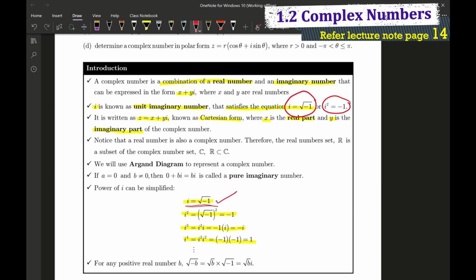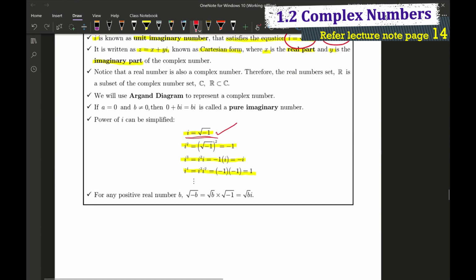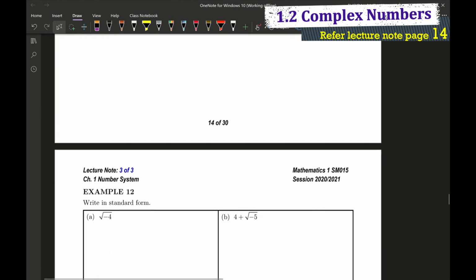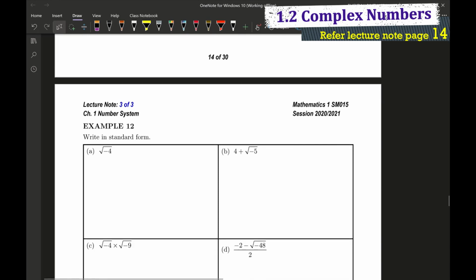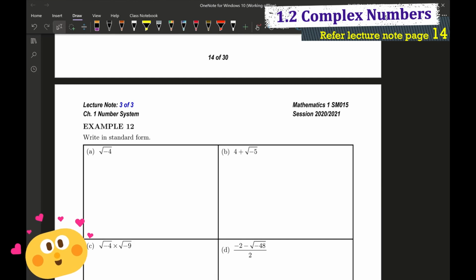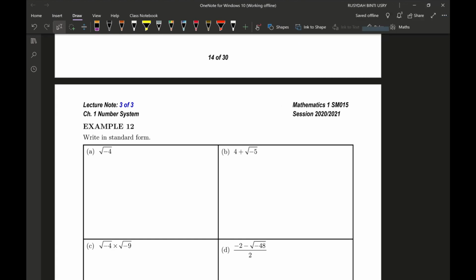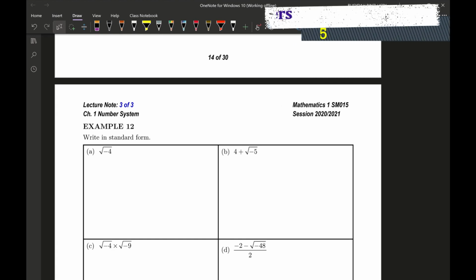So we try to look at example 12. Where is the example 12? This is the example 12. Now, the first thing is we need to simplify this because we noticed that from our previous lesson, what you have gone through during your Form 4, Form 5, square root cannot be negative.